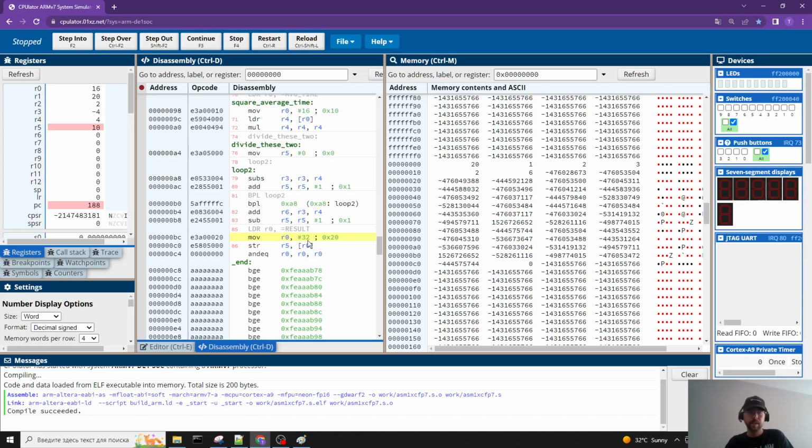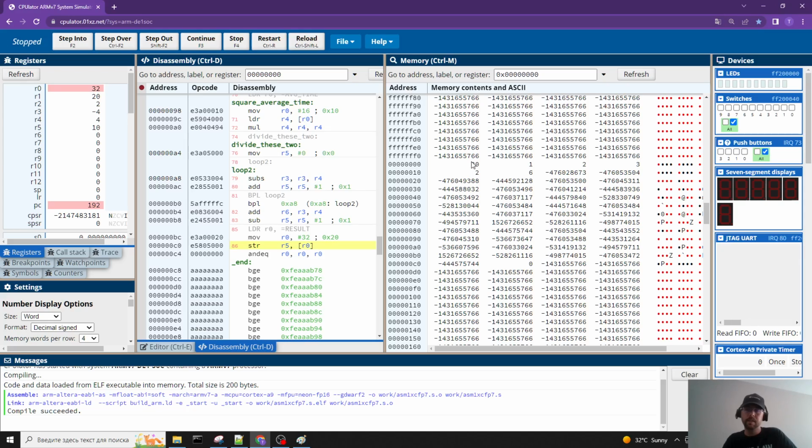So first we have to move the result pointer, I guess. I feel like that may not be the exact right word, but we're going to move the result pointer into R0. The result pointer here is 20 in hexadecimal, which is 32 in decimal. So we're going to move 32 into R0, and you'll see that.